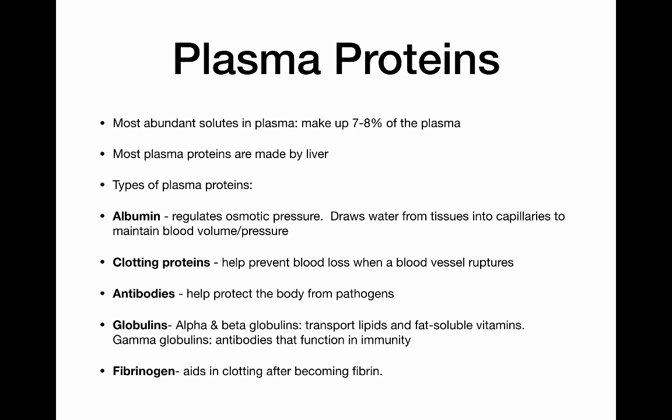There are also things called gamma globulins, which are preformed antibodies that can be functional in the immune system as well. So you may have heard of a gamma globulin injection. If, for example, let's say you're working in a hospital and you get a needle stick, which is not a good situation.